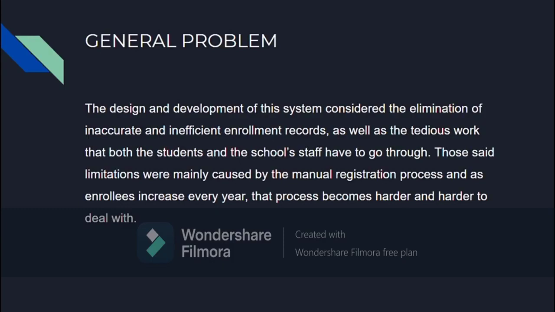Since they use paper, there is a possibility that the student's transaction using paper or manual transaction will get mixed up, so the information they record on their end is not accurate. That is one of the problems they encountered. It also gives more work to the employees of the school itself.